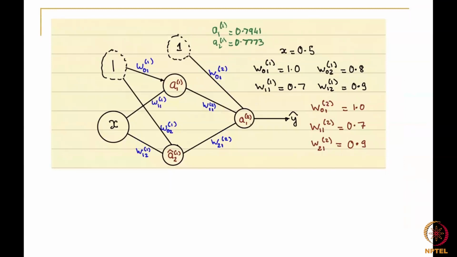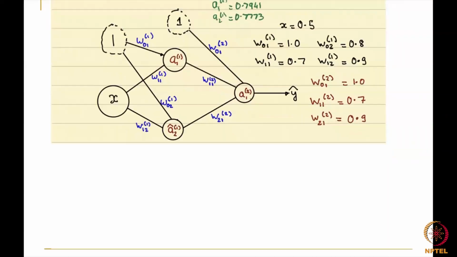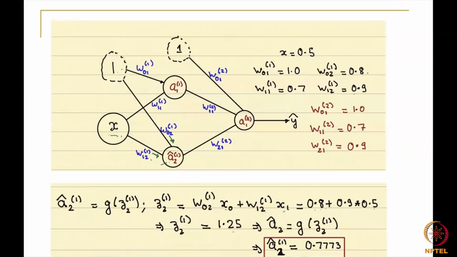Now, similarly, we need to calculate A21, which I have written the final answer as 0.7773. We can see the calculation for this. It's a straightforward calculation, just like before. No major mysteries here. This has a linear part, which is Z2, and it is G of Z2, which comes out as A2.